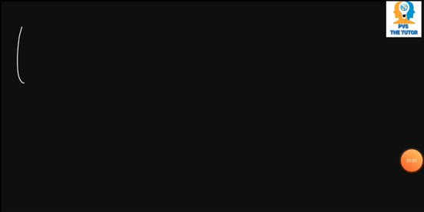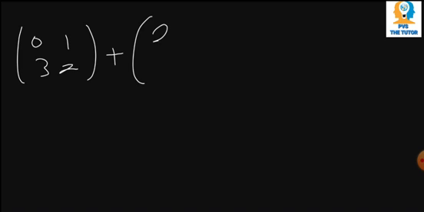If we have 0, 1, 3, 2 being added to 2, 1, 5, 6, these two can be added because they have the same order. The first one is a 2 by 2 matrix and the second one is also a 2 by 2 matrix.